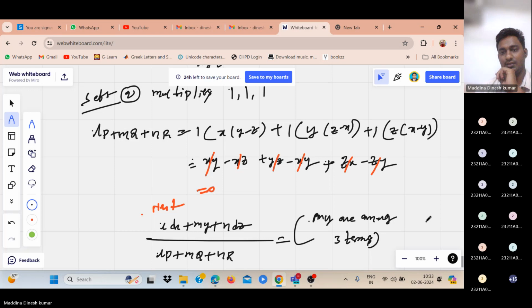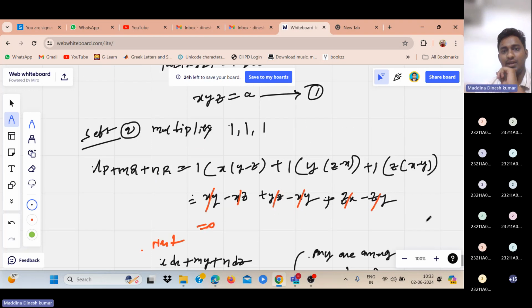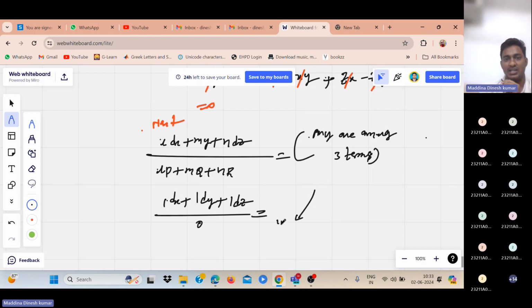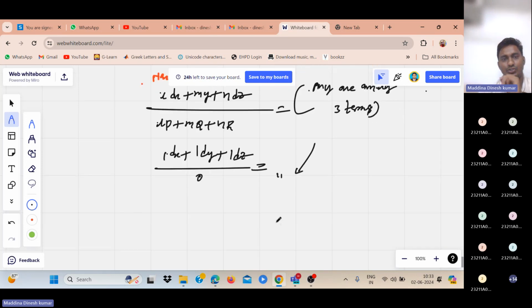Okay, L, M, N are 1. So 1 dx plus 1 dy plus 1 dz by 0. LP plus MQ plus NR will become 0, as I showed above, equal to any one term. Among 3 fractions are there, na, so any one fraction. Okay, so 0 into that term will become 0. Here we will get 1 dx plus 1 dy plus 1 dz equal to 0.